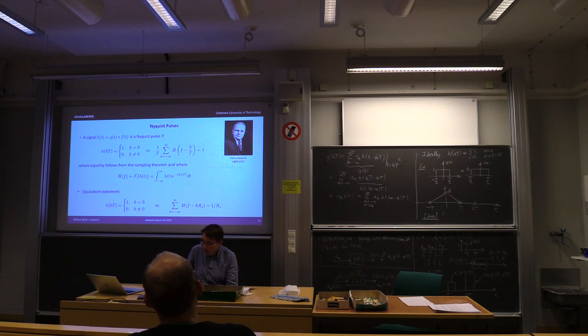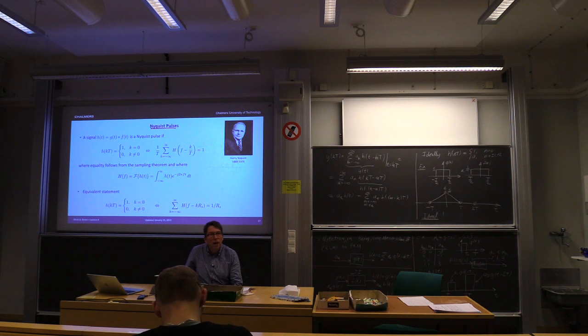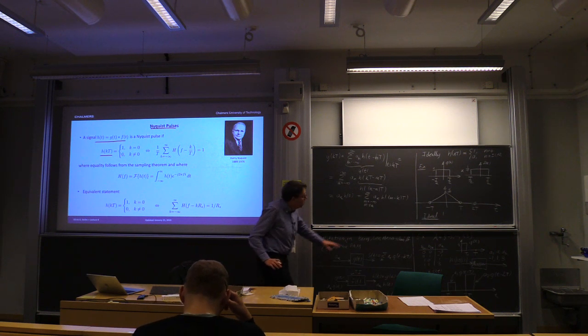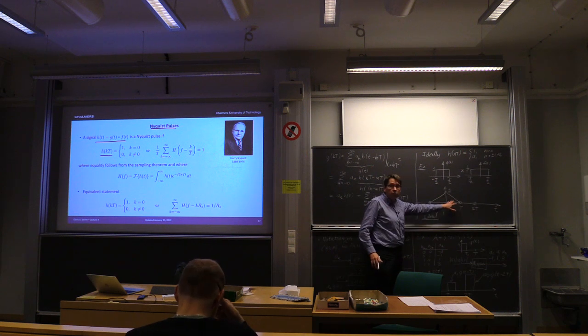Okay. So what is a Nyquist pulse? A Nyquist pulse is an ideal pulse in the sense that we have no intersymbol interference. Okay, so a signal is a Nyquist pulse if it fulfills this requirement. And the requirement is that if we take evenly spaced samples of h, we get one which is equal to 1 when k is equal to 0 and all others are 0. So this is a Nyquist pulse, this triangle.